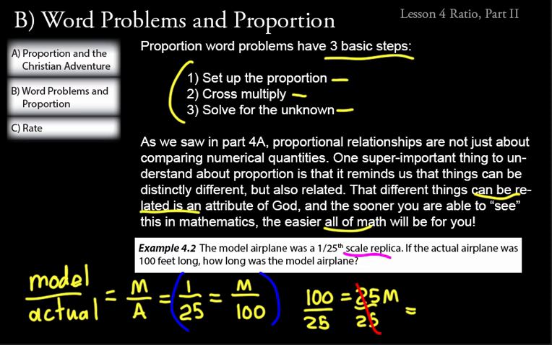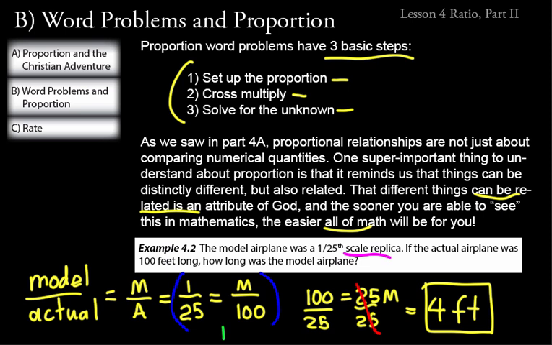We just did that division part mentally there to isolate the variable. But m is 100 over 25, which is 4. So this has a length to it, how long, so we're not just going to write 4, we'll write 4 feet. 4 feet long is the model airplane, if the actual is 100 feet long.